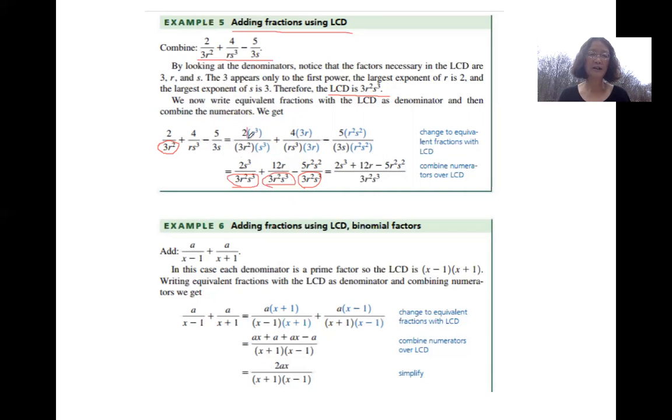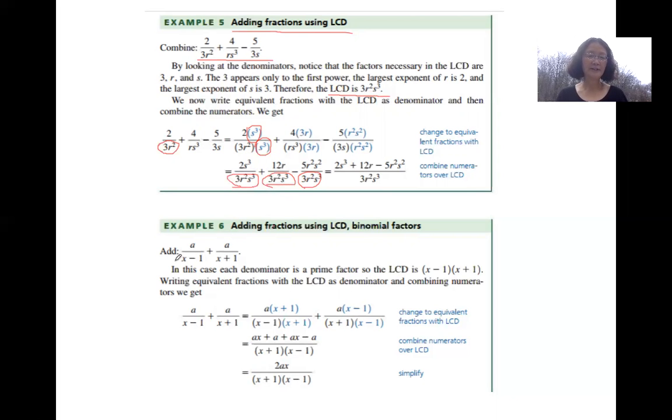You multiply numerator and denominator by s cubed. And you do similar steps for the others. Make sure you go over this example by yourself and are very comfortable with combining fractions that have different denominators.